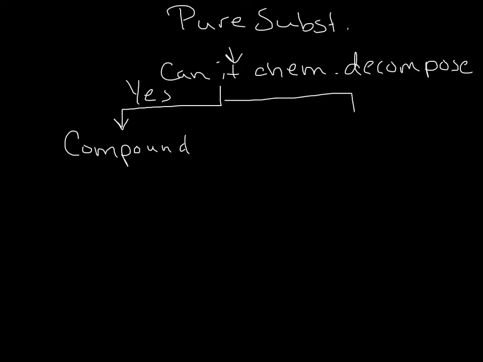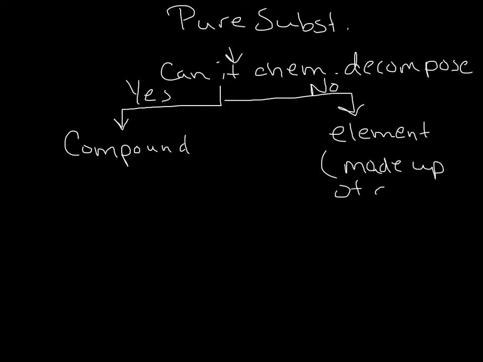If my answer is no, then I have an element. Remember the definition we learned for element: it is made up of all the same atoms. It can't be broken down further.